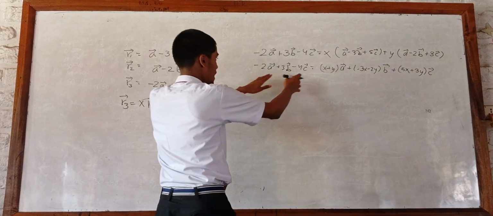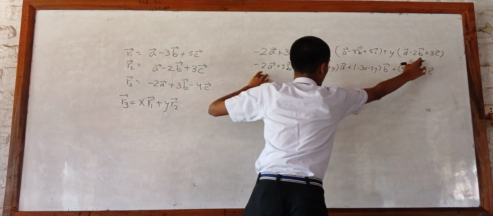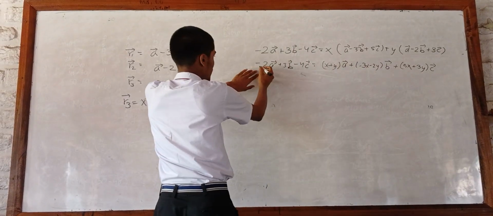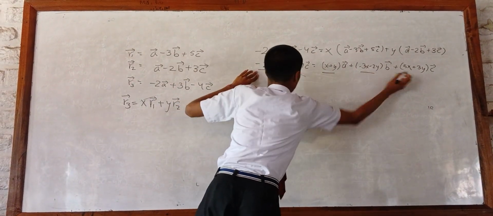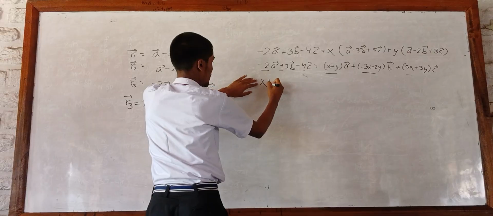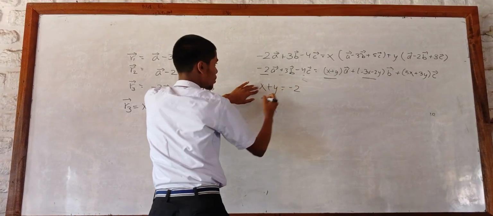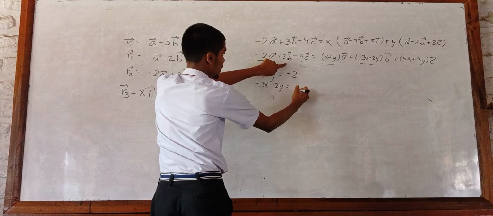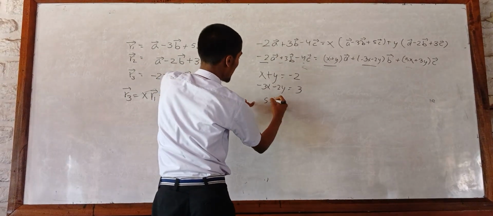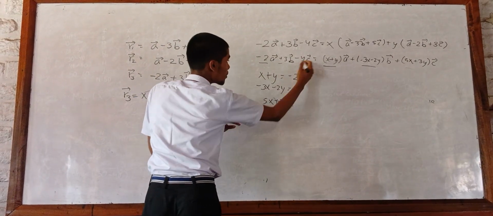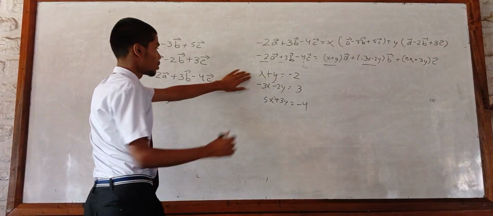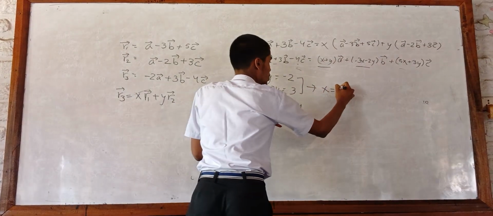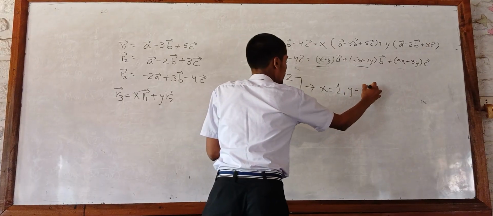All I have done is regroup this into the form of vector A, vector B, and vector C. So I can just compare the coefficients. I'll obtain x plus y equals negative 2, minus 3x minus 2y equals 3, and 5x plus 3y equals negative 4. Solving these two equations, you will get x equals 1 and y equals negative 3.